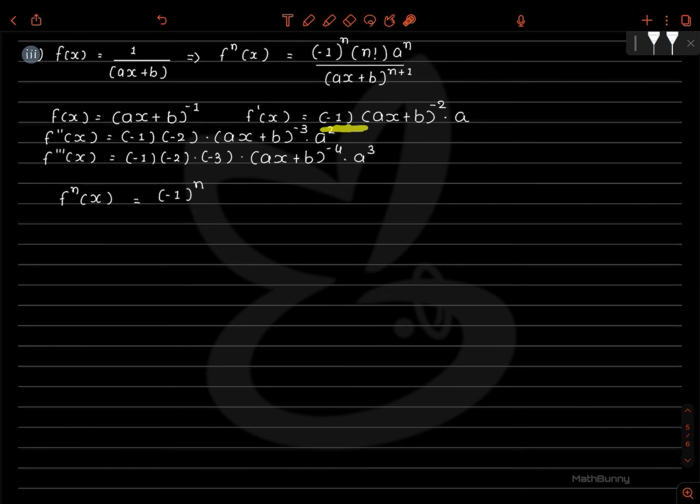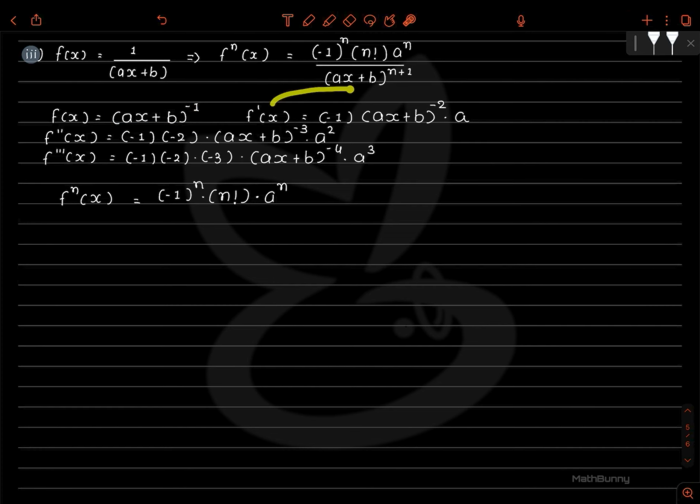Next, for each successive differentiation, the term is getting increased in the form of factorial. Minus 1 raised to n into n factorial into, for each successive differentiation, the power of a keeps getting increased. We can write a raised to n, and for each successive differentiation, the power of the term ax plus b keeps getting decreased by 1.